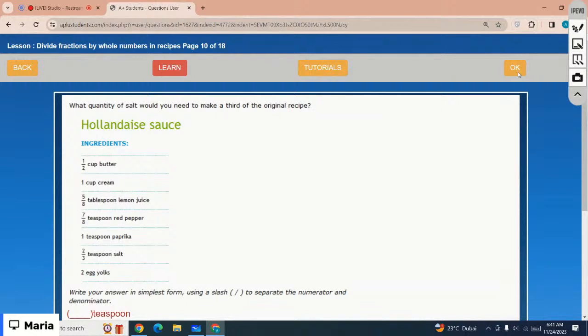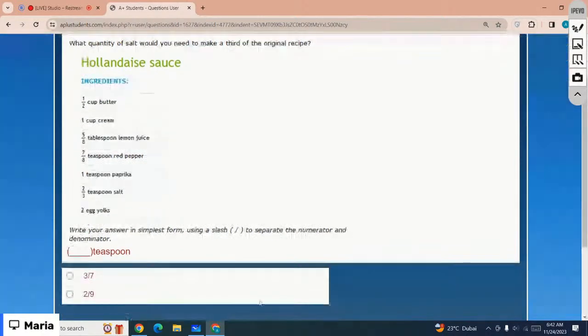So you have to convert it into a third part. So which is the correct option? The correct option is 2 over 9. Option number 2 is the correct option, right?